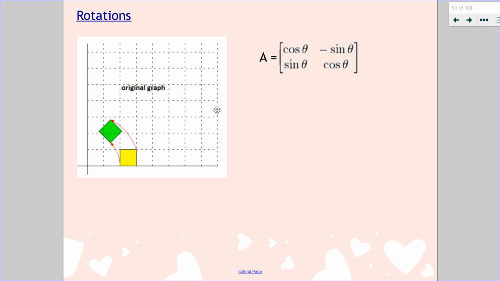And lastly, we have the very exciting rotation. So you're also able to rotate a vector. And this refers to counterclockwise rotation, which is our positive theta.